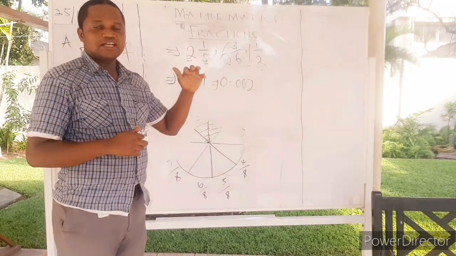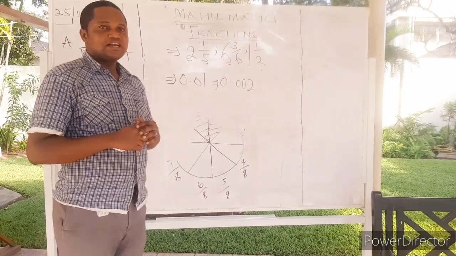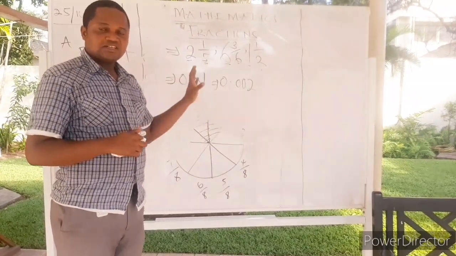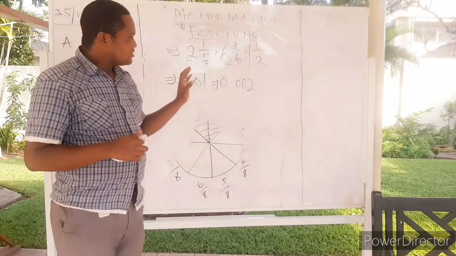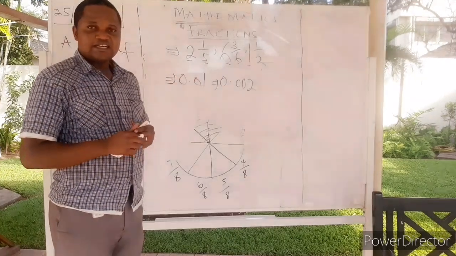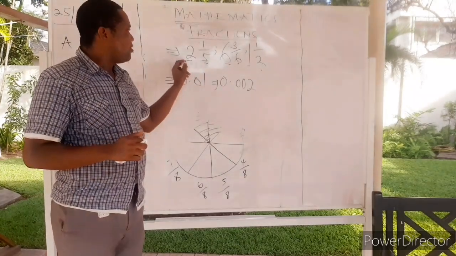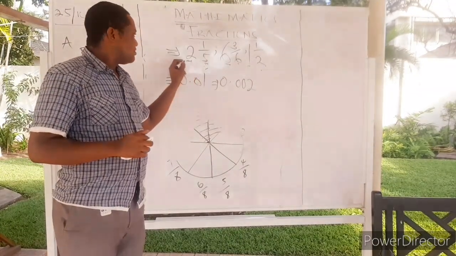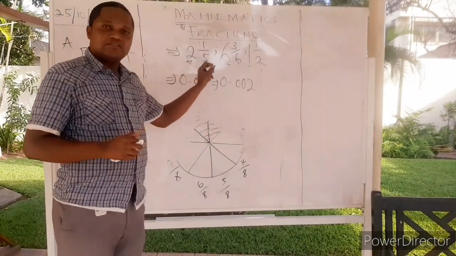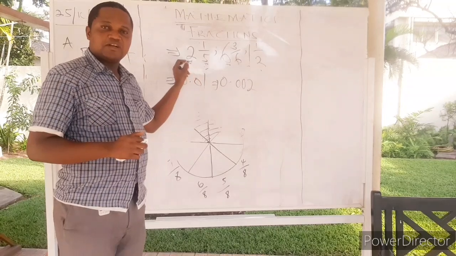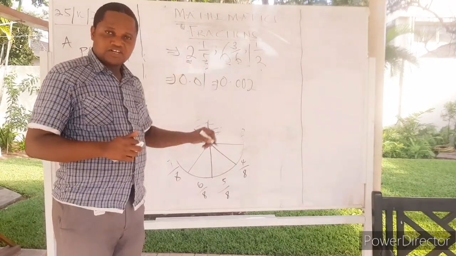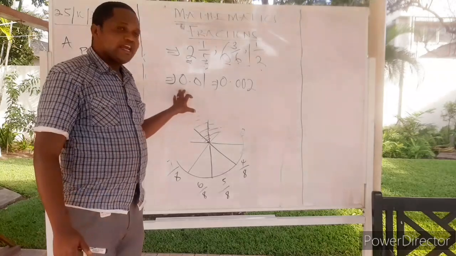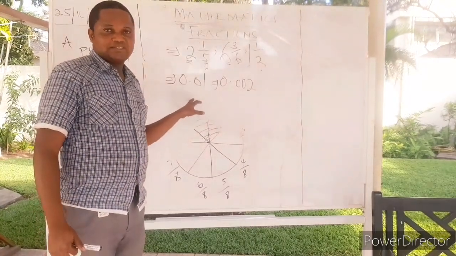Then we moved to mixed fractions. I explained to you that they are fractions having both whole numbers and fractional parts, a combination of a number and a fraction. Then last but not least, I included decimal numbers.